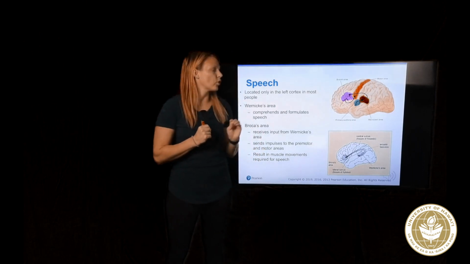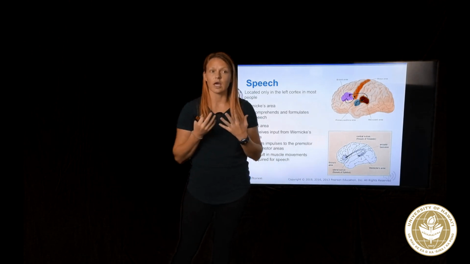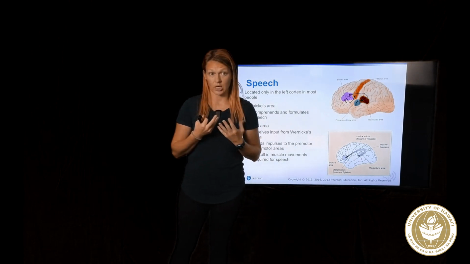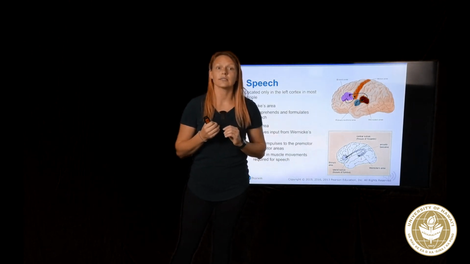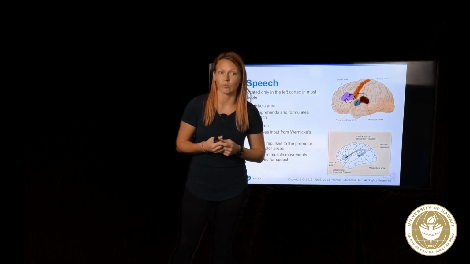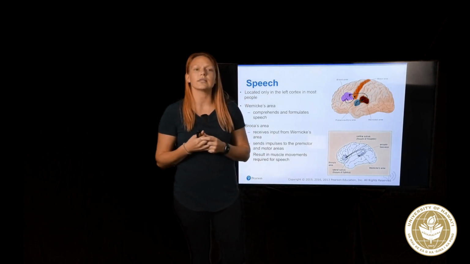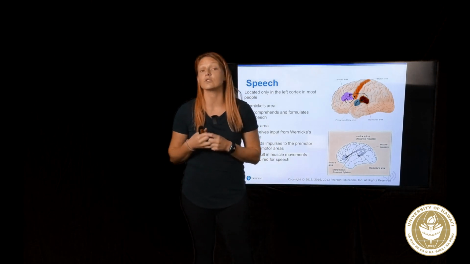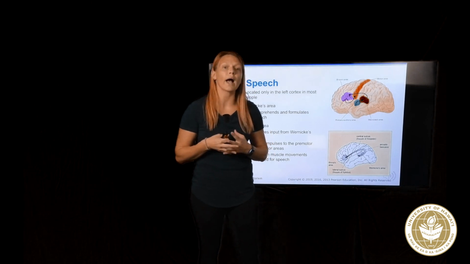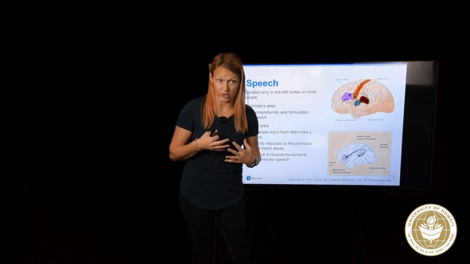So again, it's going to be Wernicke's area that is taking in that information, and it formulates the speech. And then Broca's area takes that information and sends the impulses and the neurons down to the premotor area. So essentially, Broca's area is going to be associated with language production, while Wernicke's area is associated with language comprehension.